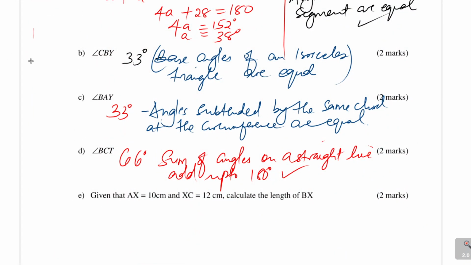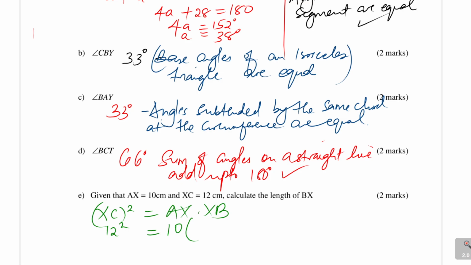So this is how we do it. XC squared is equals to AX times XB. XC is 12. 12 squared is equals to AX, which is 10, then multiplied by XB.